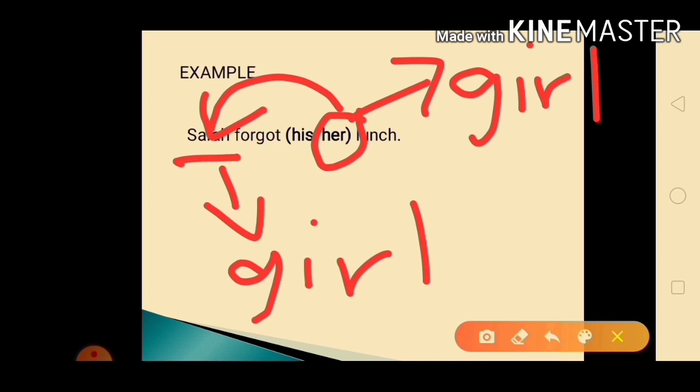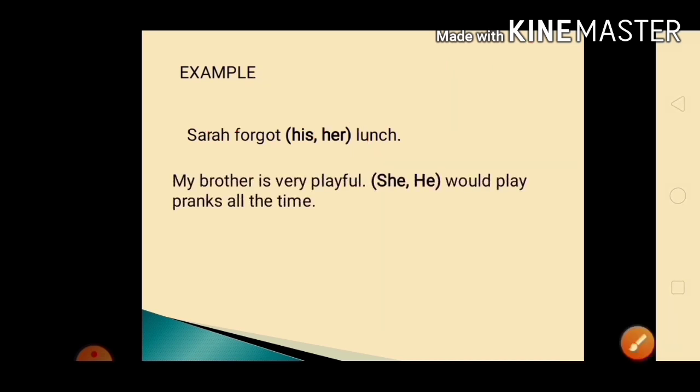So that's it. Next is, my brother is very playful. He would play pranks all the time. So as you can see here, there are two sentences, and we have here the choices she and he. Now, which pronoun should be used?